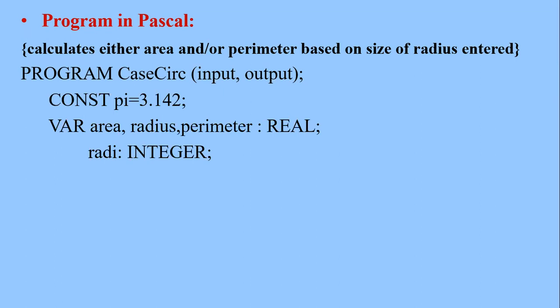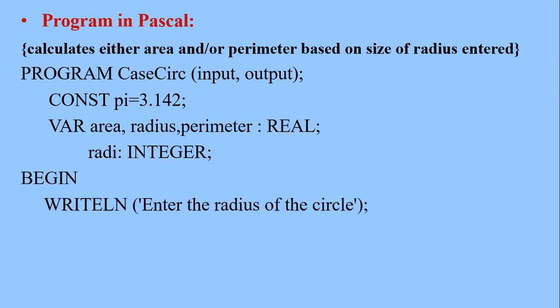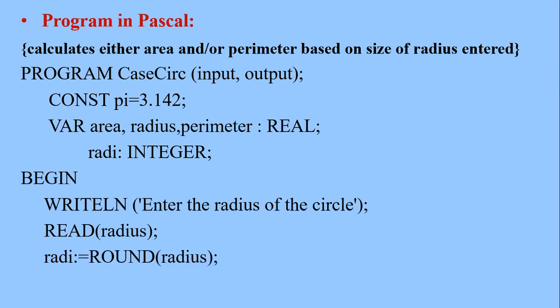So we begin, enter the radius of the circle, the user enters radius, and the value entered is now in the memory location called radius. And then we round that radius, we convert the value entered to an integer, and the value gotten is now in the memory location called radii. And then now we use the value in the memory called radii.